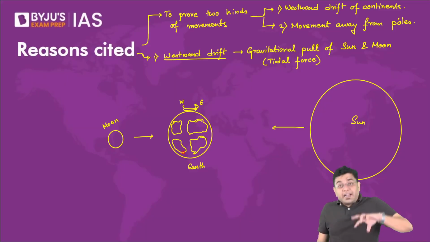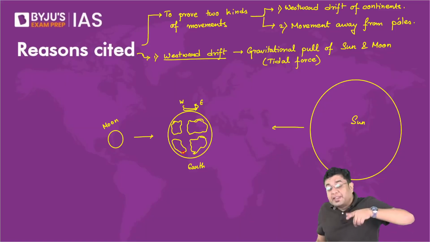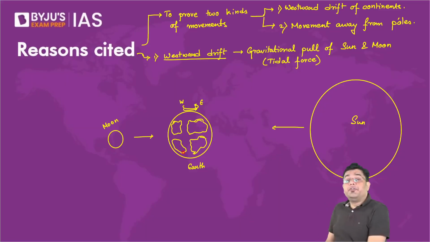So that is where he would prove that North and South America are drifting in the westward direction because of the gravitational pull exerted. Now, is that reason true? Absolutely not. That reason is incorrect. Why? Does the moon exert no gravitational pull? It does.